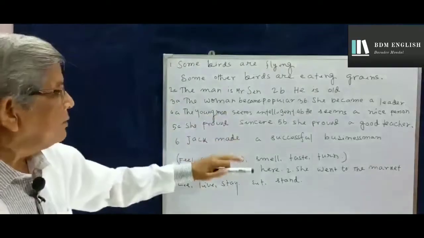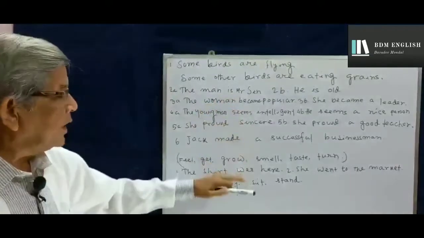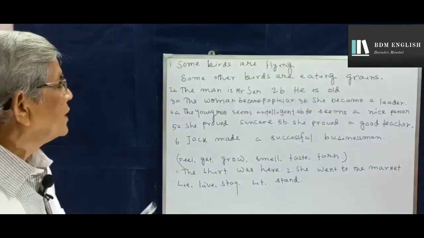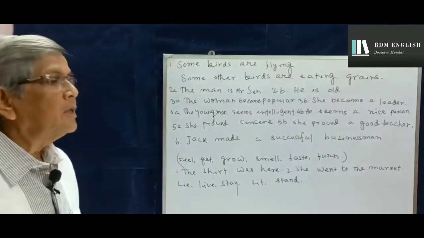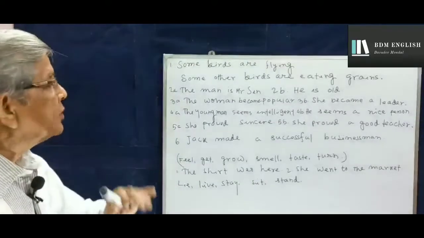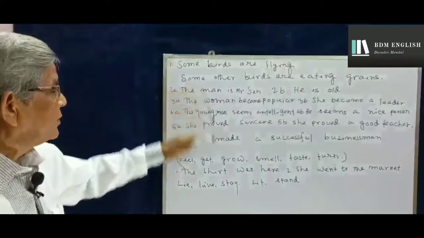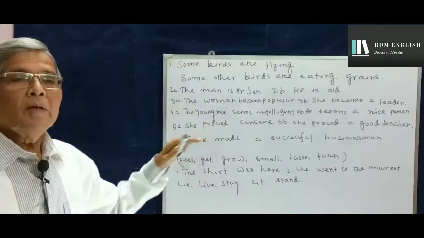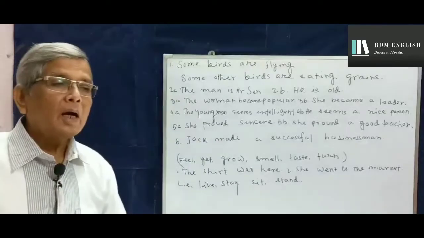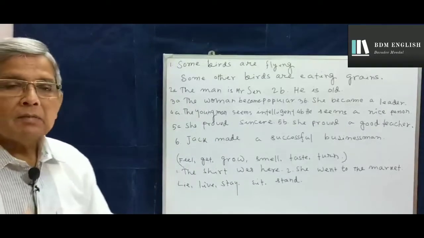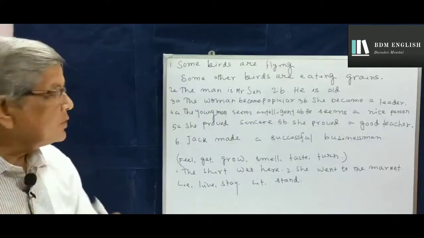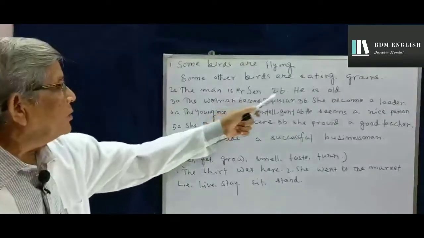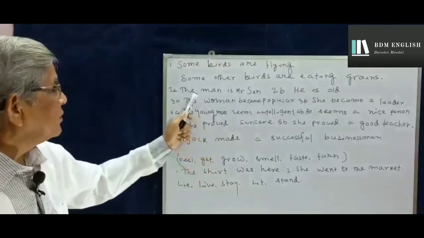Only some selected verbs, as I have used here, and there are some others you have to find out, are intransitive verbs of incomplete predication. In modern grammar, such verbs are also called linking verbs, because each of such verbs connects or links the noun or the adjective with the subject.